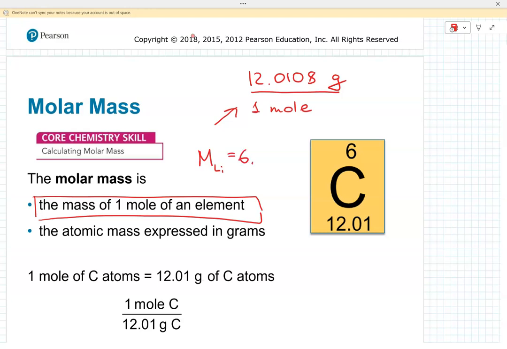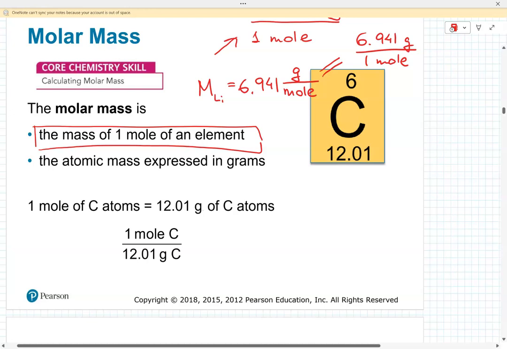It's going to be 6.941 grams per mole. This is basically an equivalent of writing 6.941 grams over 1 mole. Did I answer your question? Yes. Excellent.